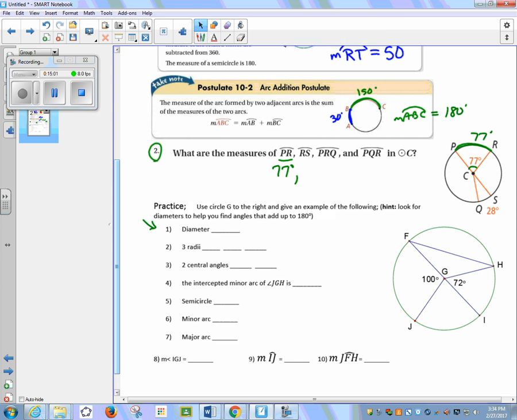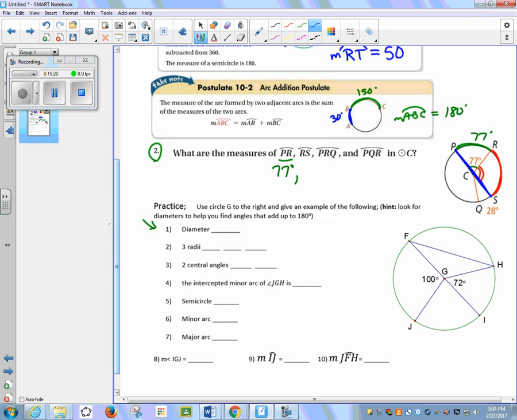RS. In order to get RS, we need to know what this central angle is. How are we going to get that? There are always some hints in these circles. This is a diameter, going straight through.